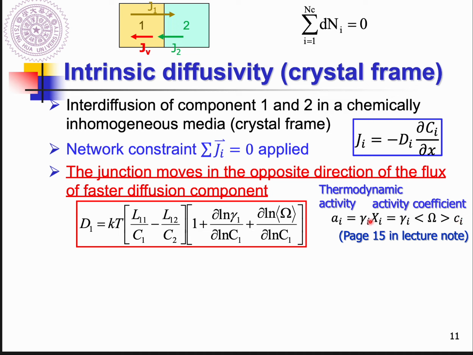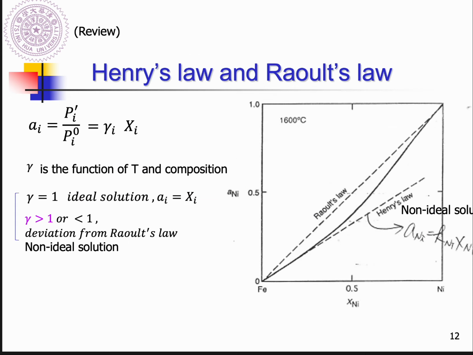And I'm going to give you some review on the gamma. When we talk about gamma in thermodynamics, we talk about the mixture between material A and B, whether it belongs to an ideal solution or a non-ideal solution. In that part, we learn there are two important laws, Raoult's law and Henry's law.